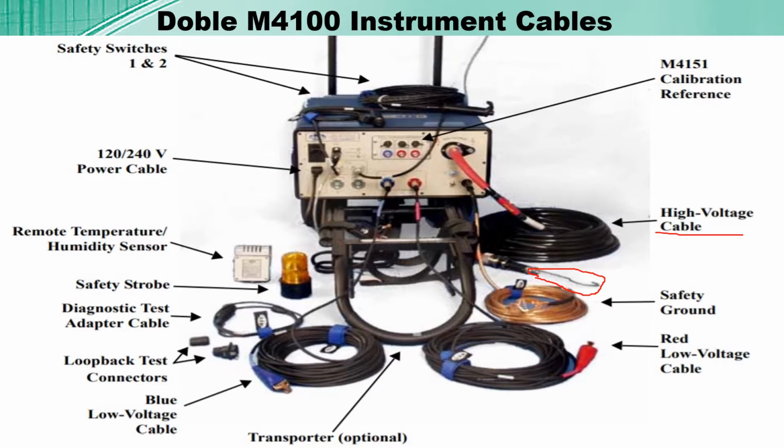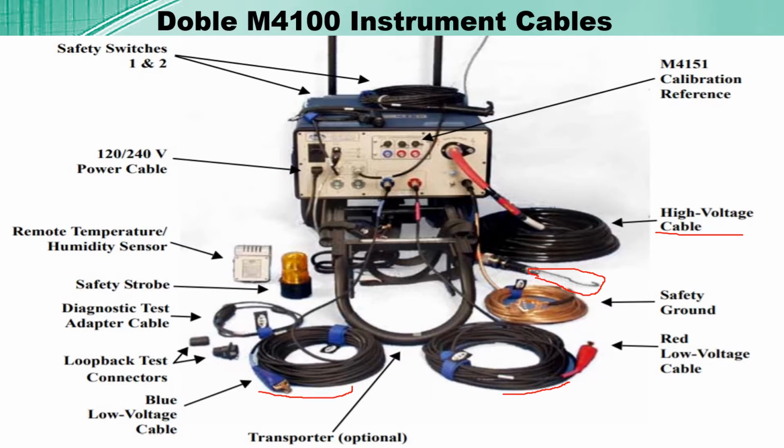You must remember that input is fed through this HV cable and the outputs are read from the LV cable and the earthing cable. The second important cable is the LV cable. The LV cables are these two cables, red LV cable and blue LV cable, which read the output from the tan delta point provided in the secondary terminal box of the CT.